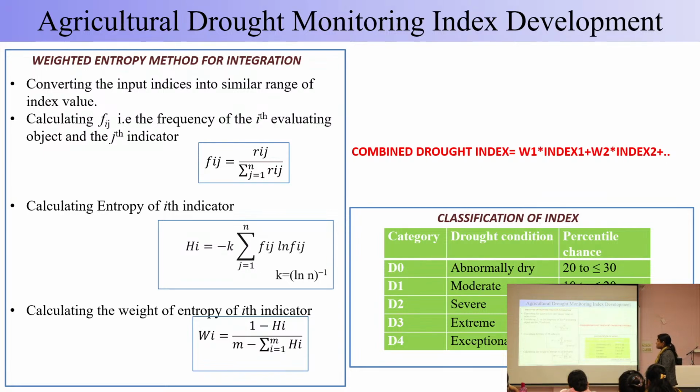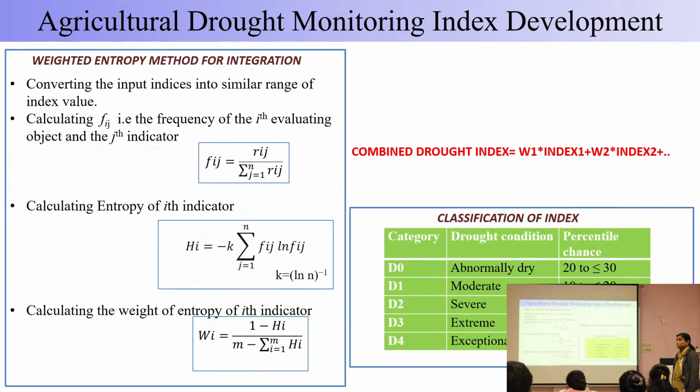Now, we need to club them to get our final indicator or index. The combined drought index in this proposed methodology has indices multiplied by their corresponding weights. To determine the weights in this case, we used a weighted entropy approach.